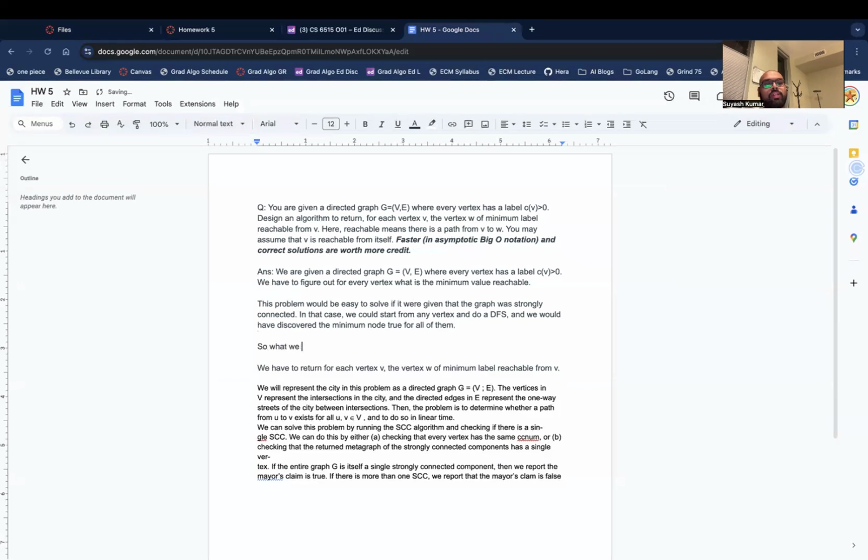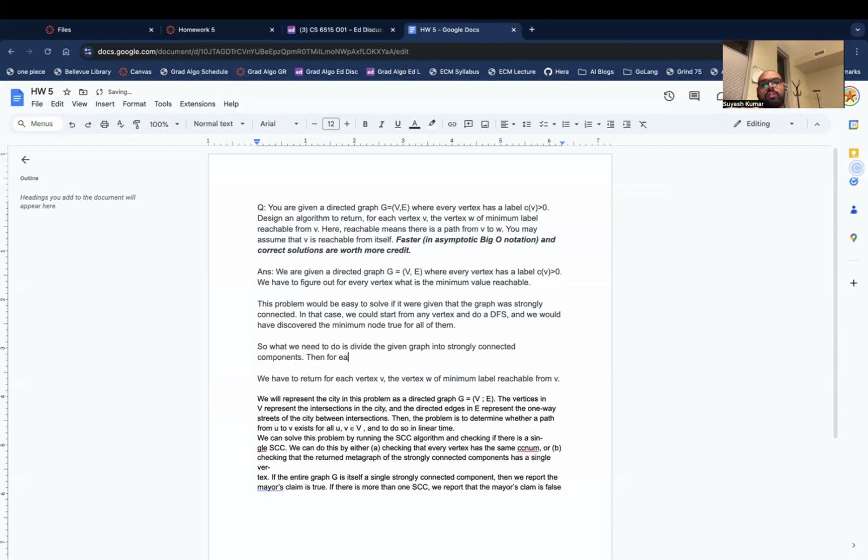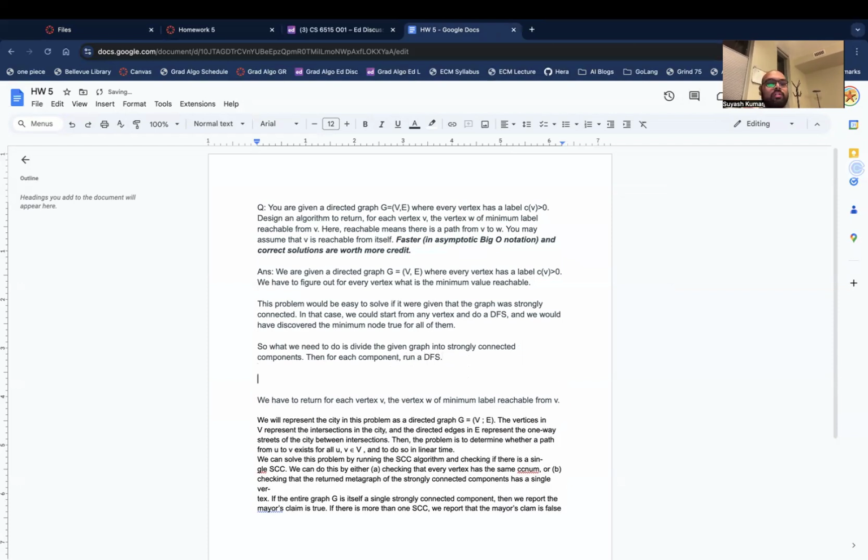So what we need to do is divide the given graph into strongly connected components. Then for each component, run a DFS.